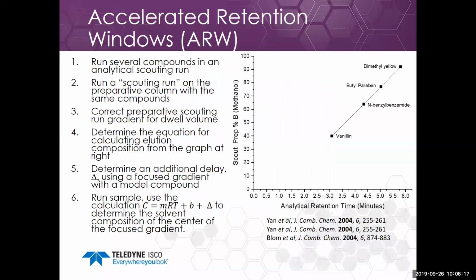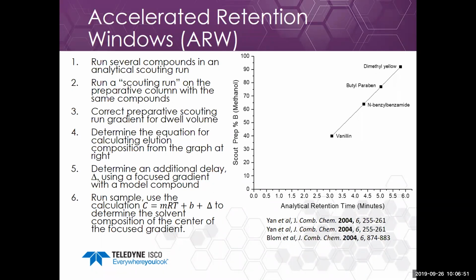Another common technique that I have seen in customer labs is something called accelerated retention windows. What you do is you run several compounds on an analytical scouting run. Then you run a scouting run on the preparative column with the same compounds, and that allows you to adjust the behavior between the analytical and the prep column. You then run a quick run to calculate the draw volume on your preparative system.